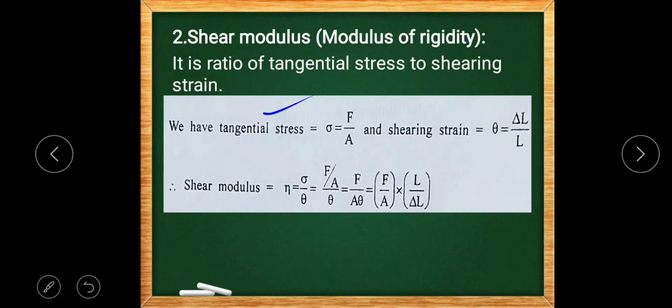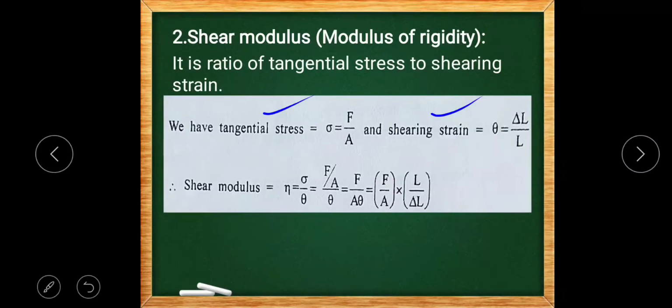The difference is normal stress means the force is applied perpendicular to the surface of the body. Tangential stress means force is applied along the surface of a body. And the shearing strain can be written as theta, as you know. We may write theta equal to delta L by L.